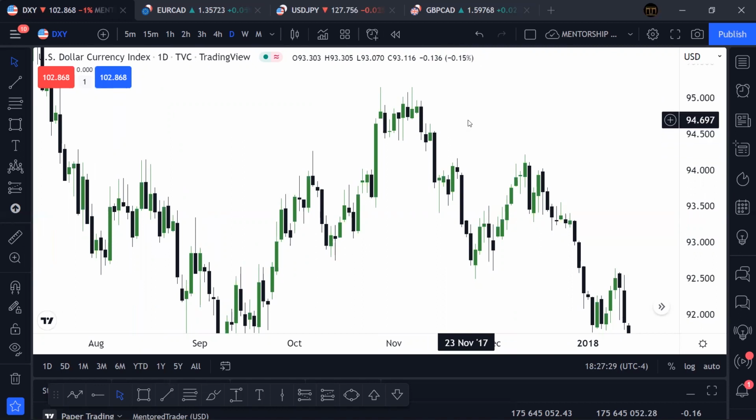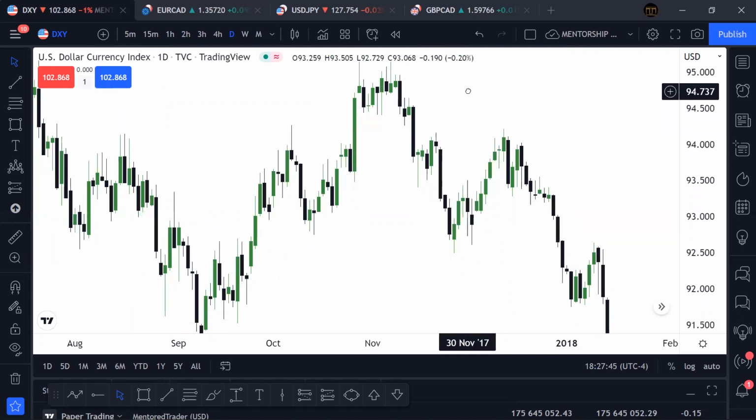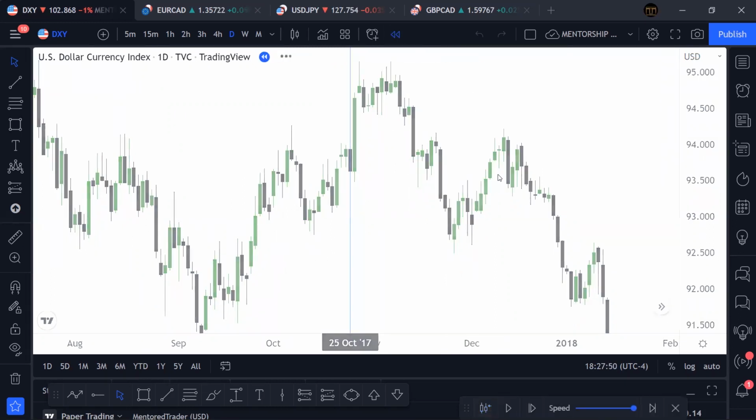They only give you a replay on higher time frames like the daily and monthly and weekly time frames. So let's go ahead and do a little price action setup here.